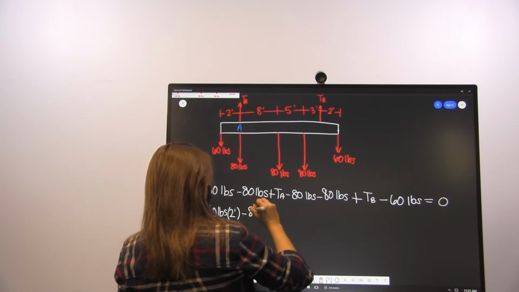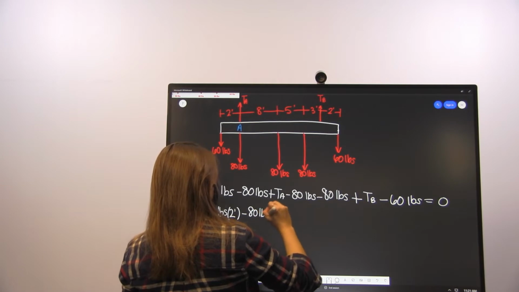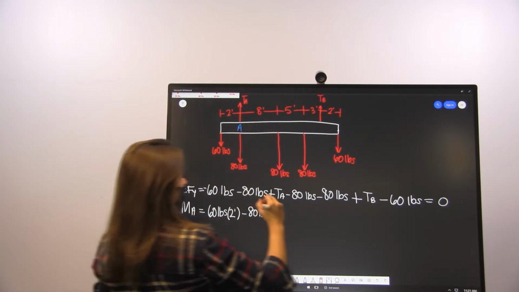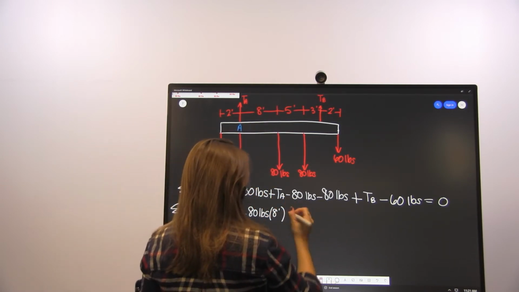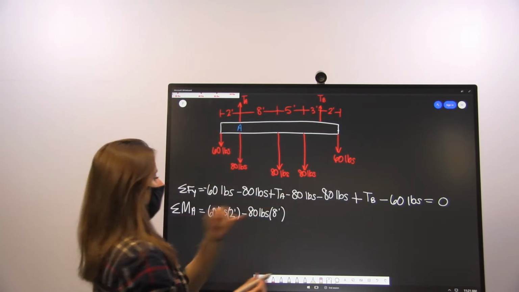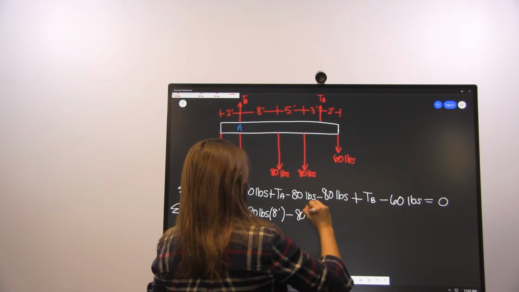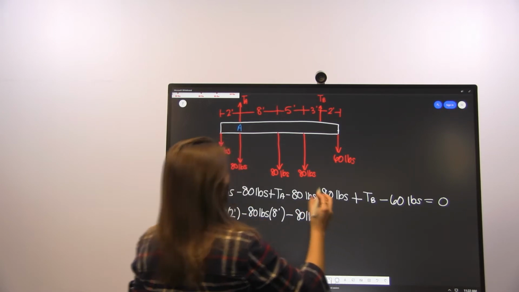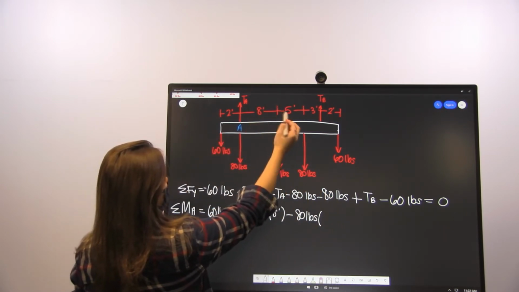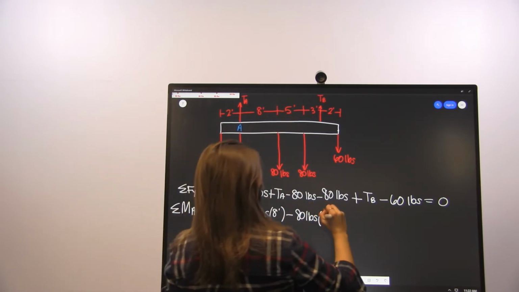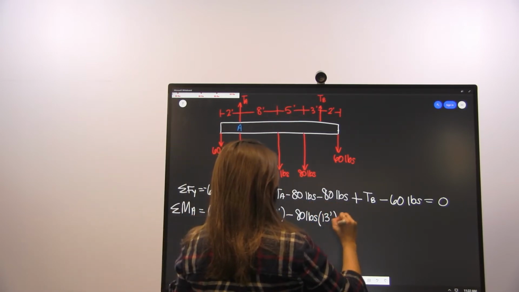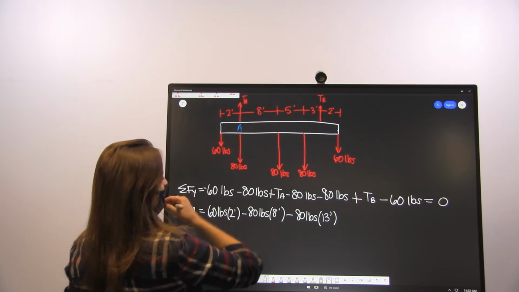So it's going to be minus 80 pounds times 8 feet. It's 8 feet away from A. And then again, another negative 80 pounds times 8 plus 5, which is 13 feet. It's going to be 13 feet away from A.